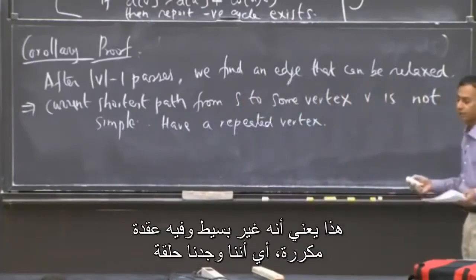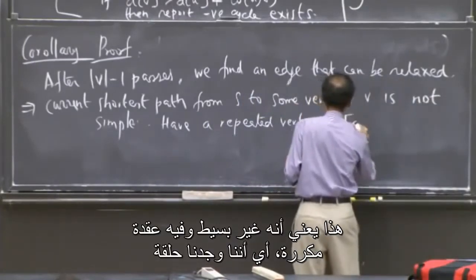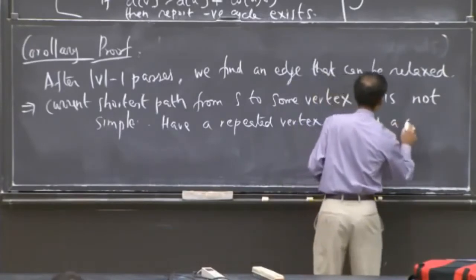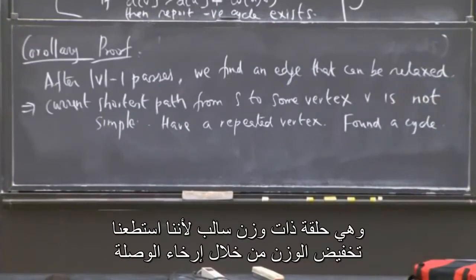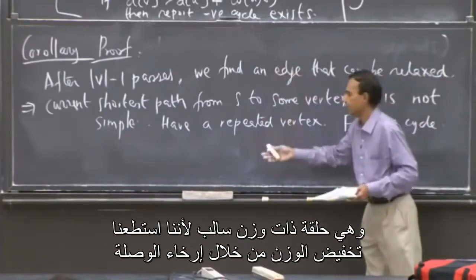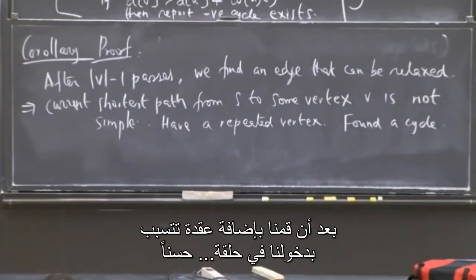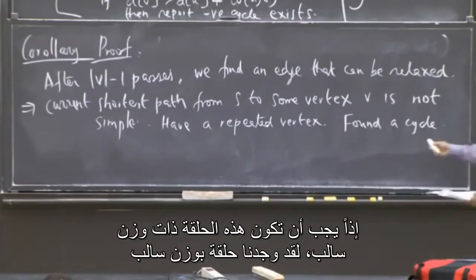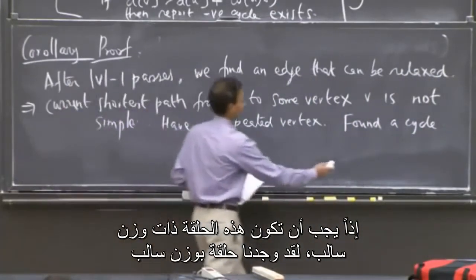Right? So that means it's not simple to have a repeated vertex. That's the same as I found a cycle. And it's a negative weight cycle because I was able to relax the edge and reduce the weight after I added a vertex that caused a cycle. All right? And so this cycle has to be negative weight. Found a cycle that is negative weight.